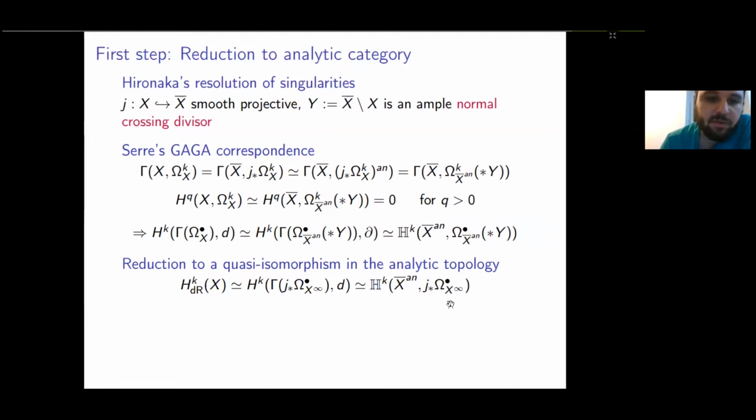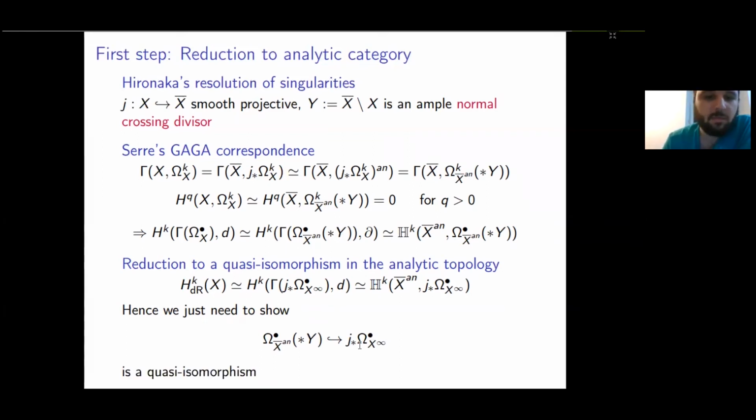So we have reduced the Atiyah-Hodge theorem to proving the isomorphism between these two hypercohomology groups, which are defined over the analytic topology of X bar. And so we just need to show that these complexes are quasi-isomorphic, that is, a quasi-isomorphism of complexes of sheaves defined over the analytic topology of X bar.